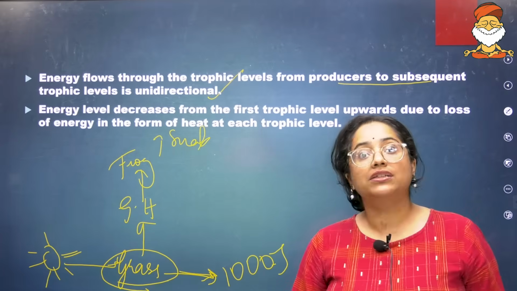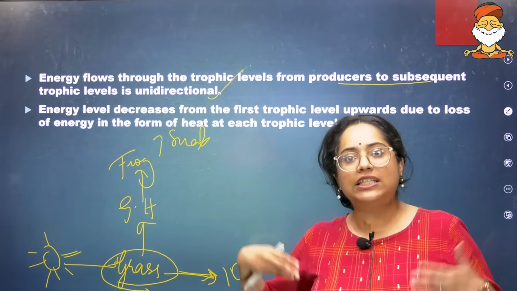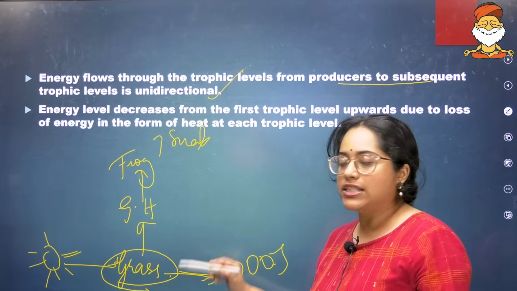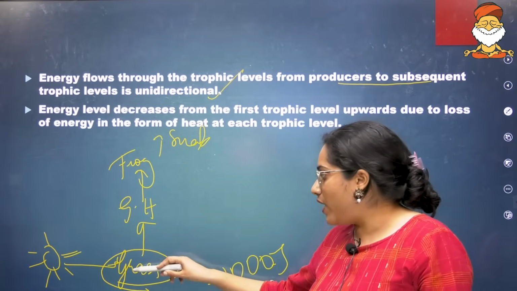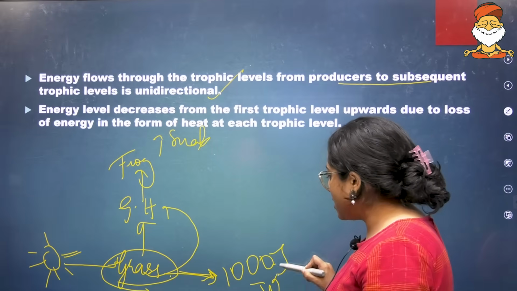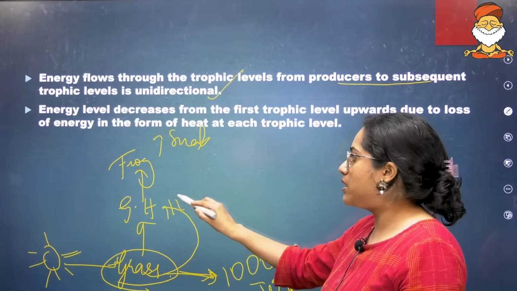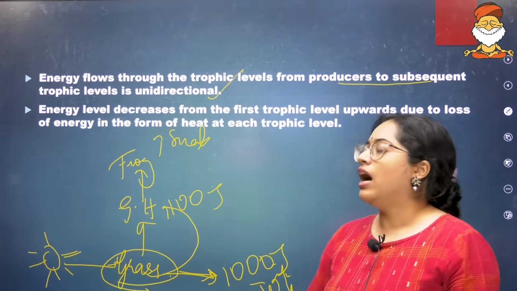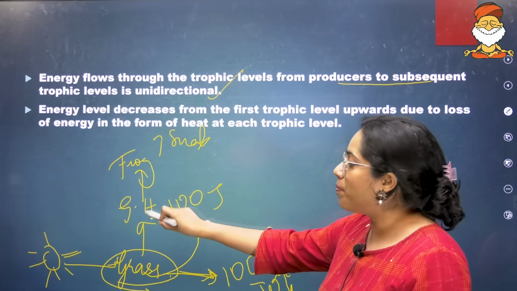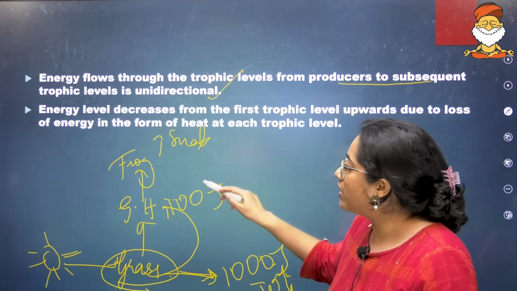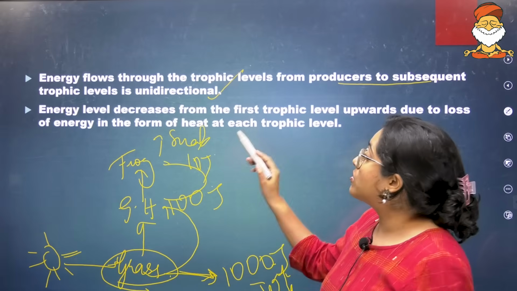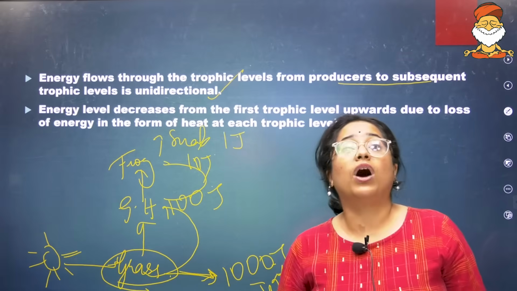The grass needs to function, it has its own activities. So, after all of these activities, what remains when a grasshopper eats it is only 10% of this 1000 joules, which means the grasshopper gets only 100 joules of energy. And from the grasshopper again the same happens, and the frog gets only 10 joules of energy. Finally, the snake gets only 1 joule of energy.